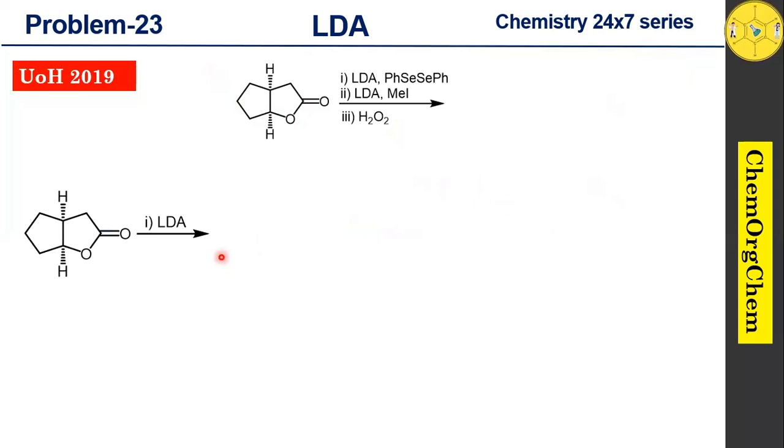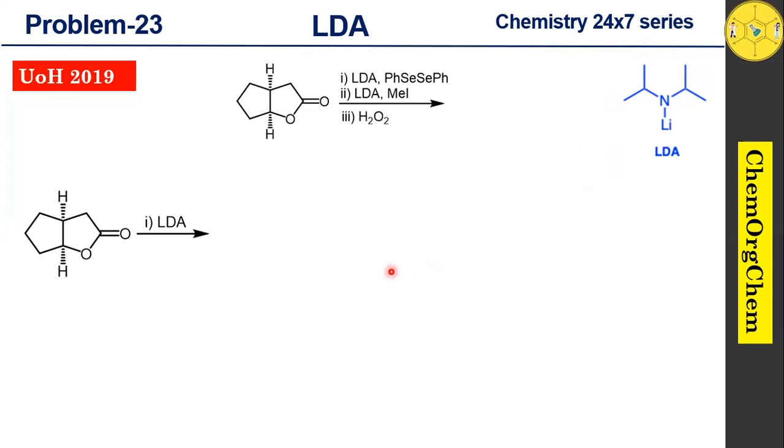The first step of the reaction involves LDA. We have already discussed LDA in our previous videos. If you missed watching, don't worry, you can find the link in our description box. LDA, or lithium diisopropylamide, is a non-nucleophilic, sterically hindered strong base that readily abstracts a proton from an acidic position in a molecule.